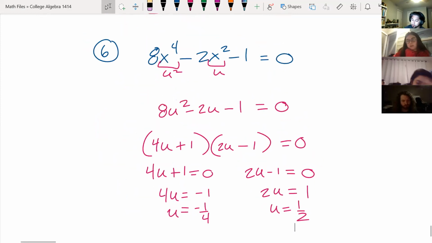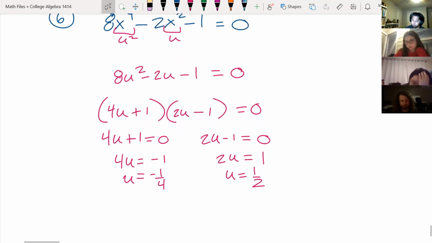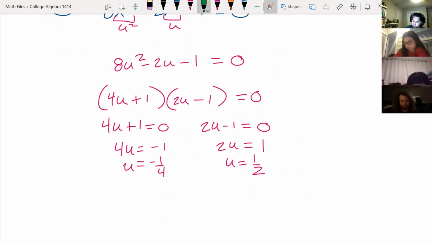But if we look back, u was x squared. So this becomes x squared equals negative 1/4, and x squared equals 1/2.